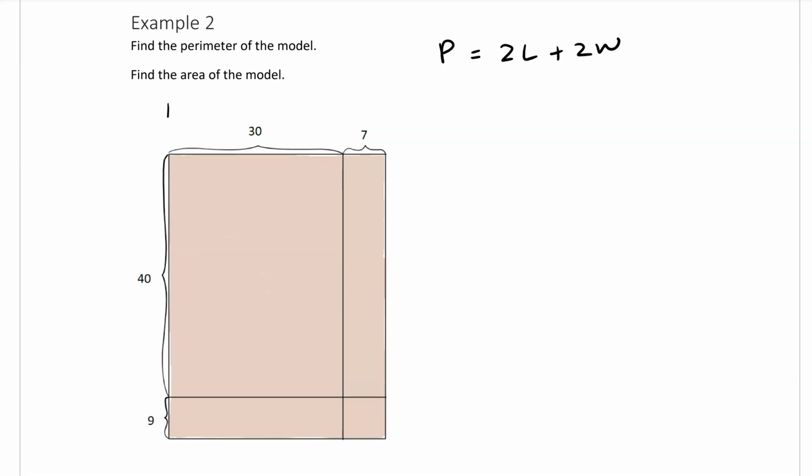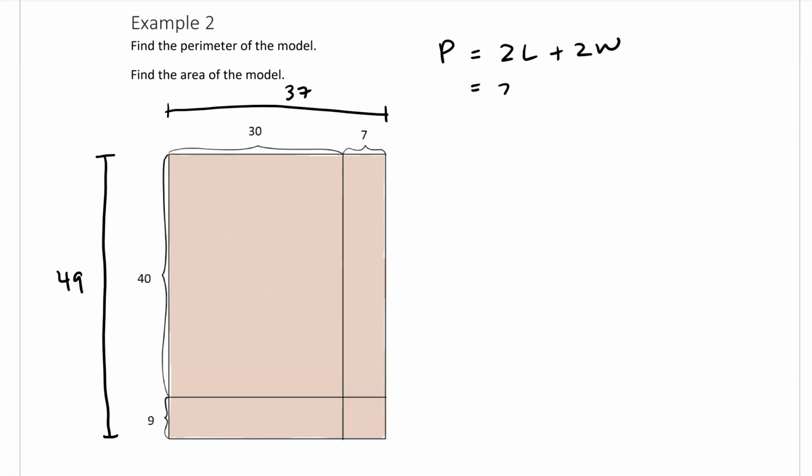And so the length here is going to be 30 plus 7, which is 37 in this case. And then the width is 40 plus 9, which is 49. And there are no units given, so we'll just leave it as units. So the length is 37, and the width we found was 49.